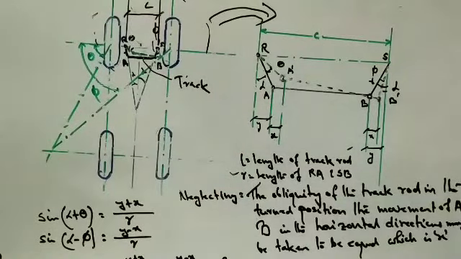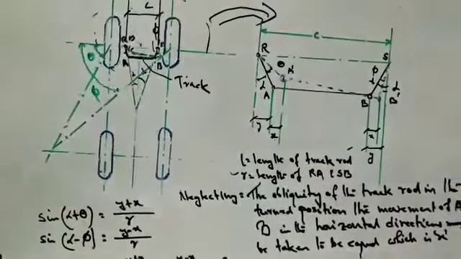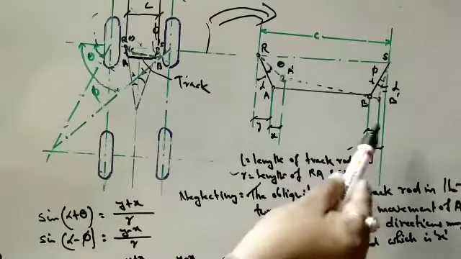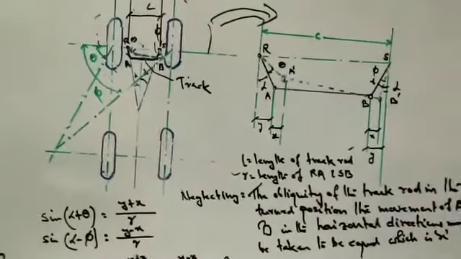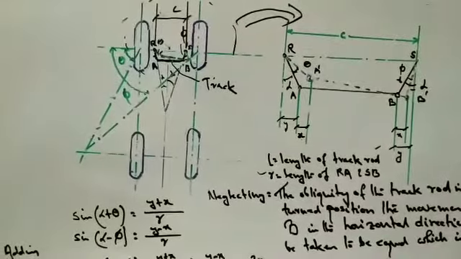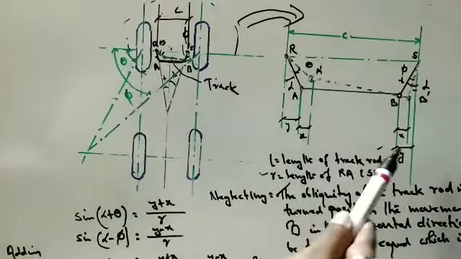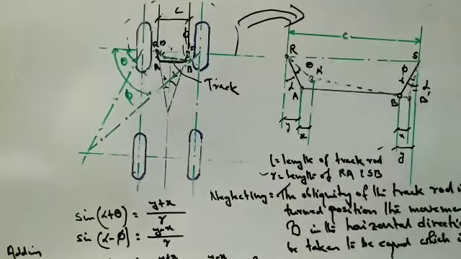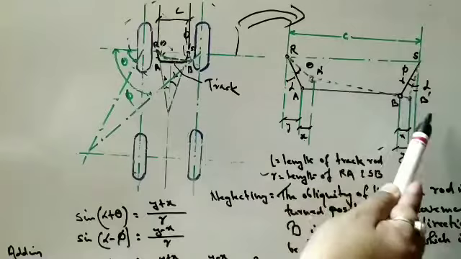And sine of alpha minus theta is equal to y minus x by r, because B moves down to B dash.